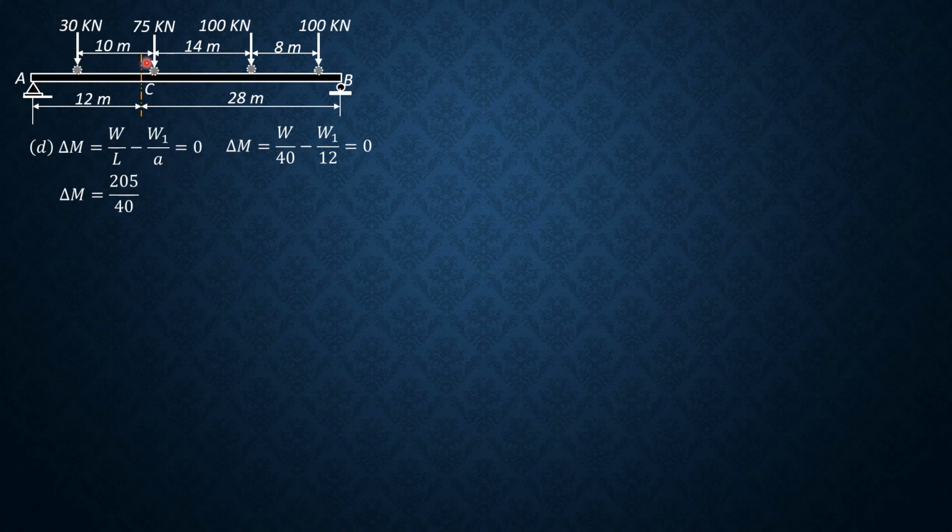So take note that 10 plus 14 is 24 plus 8 is 32. So this 100 kilonewton load is still out of span. So W would be 175 plus 30, 205 over 40, then minus 30 over 12.